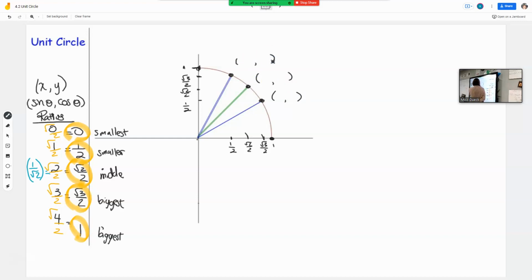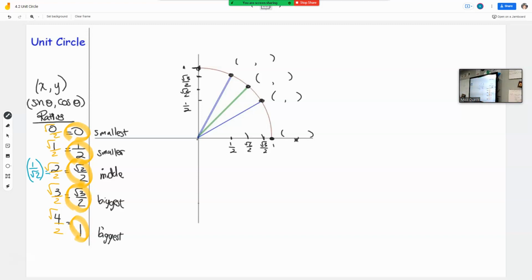You don't have to draw another circle if you don't want to. You can just keep on going and draw it outside the angles. Take those numbers, take those values. Fill in your ordered pairs.